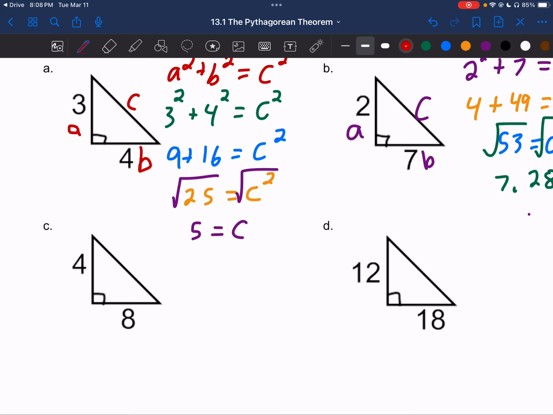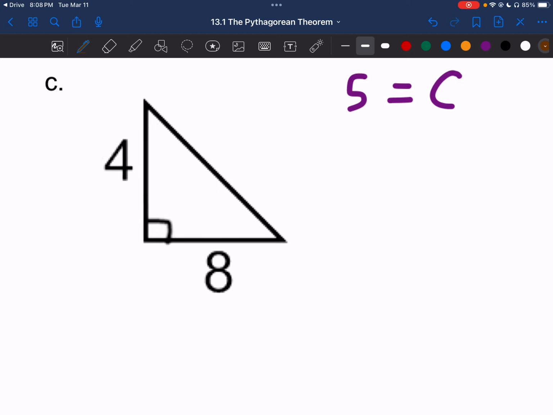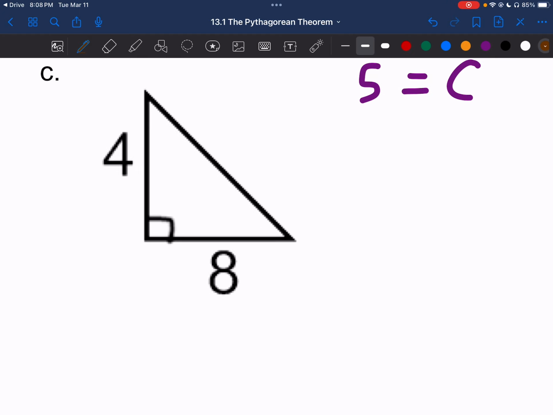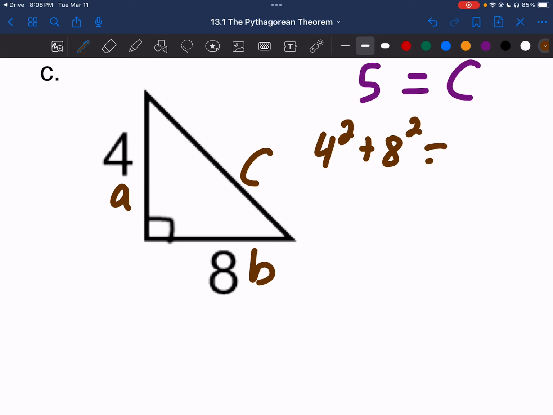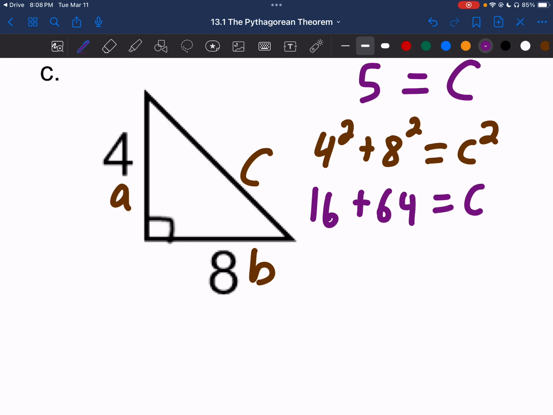All right, letter C. We've got our sides. So we've got a, b, and c. So we have 4 squared plus 8 squared is equal to c squared. Now, 4 squared is 16, 8 squared is 64, and that's equal to c squared. 16 plus 64 is going to give us 80.